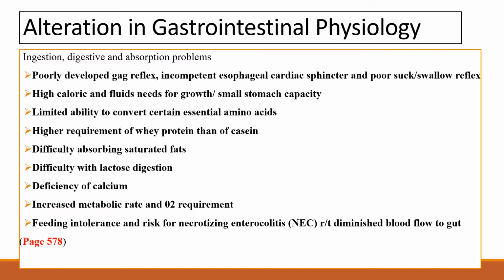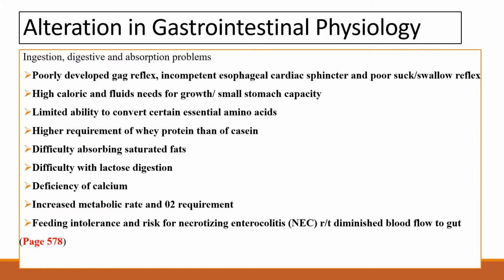They may have calcium deficiency and an increased metabolic rate, which I said before, which increases their O2 requirement. And so there is feeding intolerance and risk for necrotizing enterocolitis related to diminished blood flow to the gut. So if they're having decreased blood flow to the gut because of other complications, it's going to make it difficult for them to absorb and digest any of the nutrients that they get.